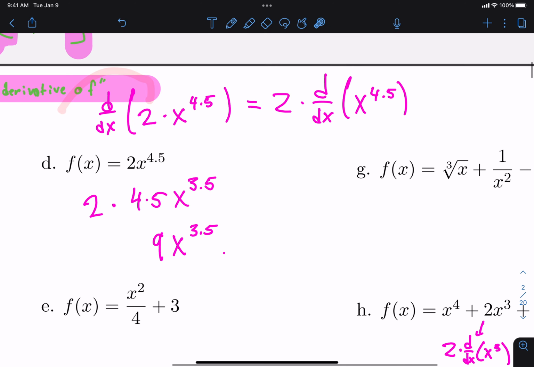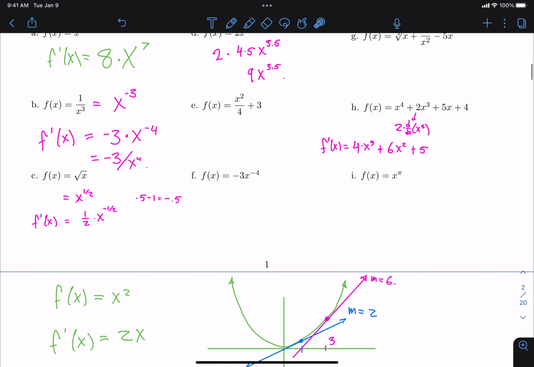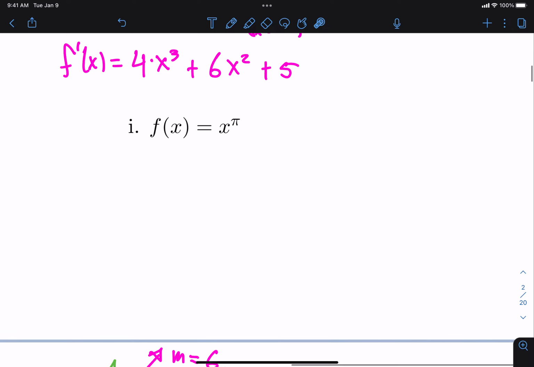Yes, sir. Okay. What about there's a pi? You mean this one down here? Yeah. For this one, we have to remember, what is pi ultimately? It's a number, right? So if I have x to a number, I know how to do the derivative of that. How do I do the derivative of x to a number?